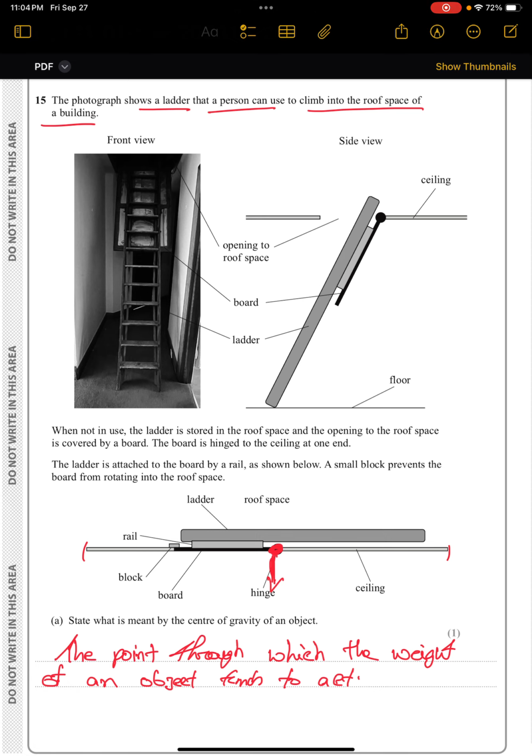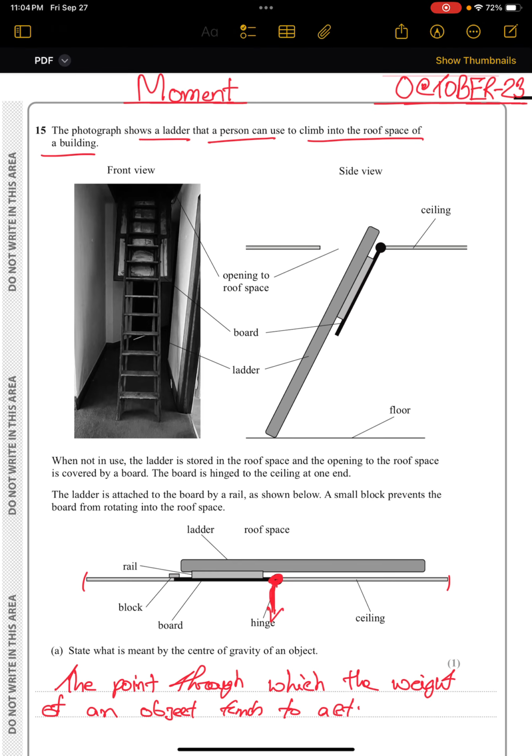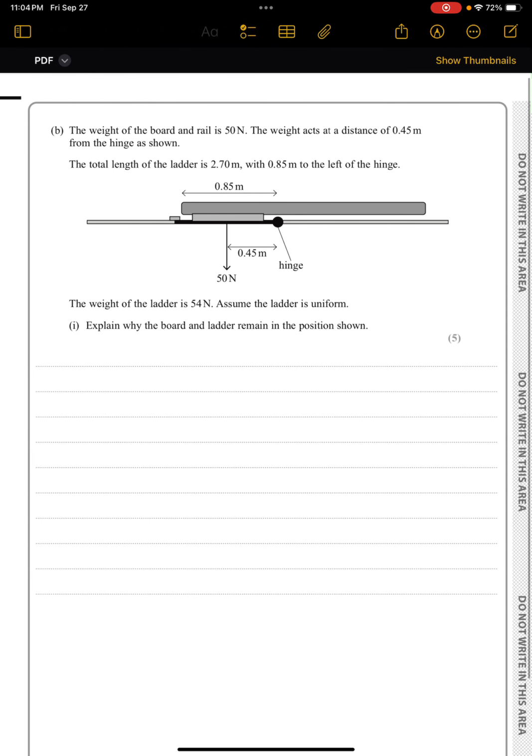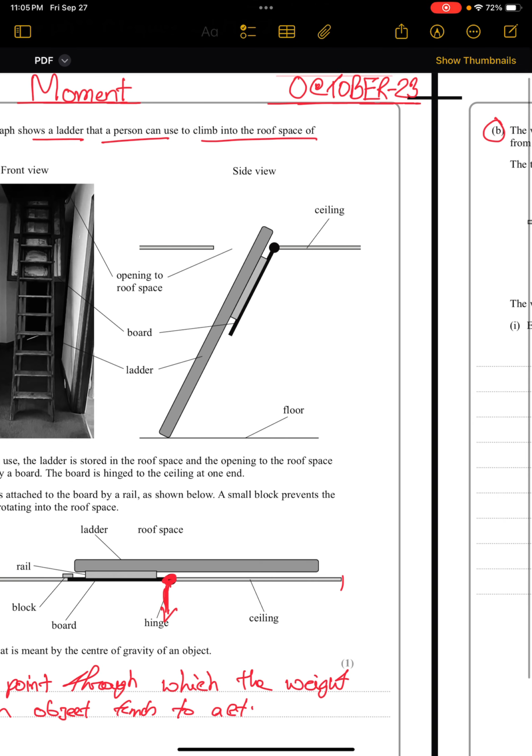So let's move forward to question number B. This is a typical moment question, quite difficult compared to the typical moment questions. They have said the weight of the board and rail is 50 Newton. This was our board and this was our rail.